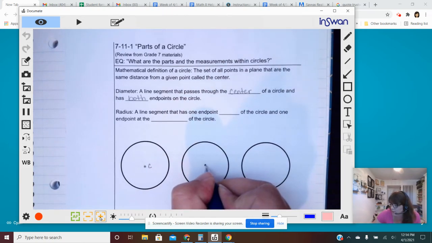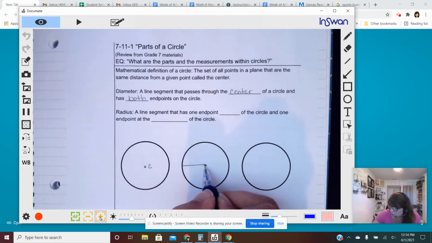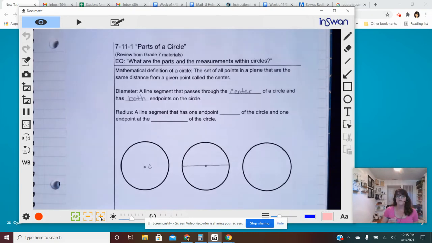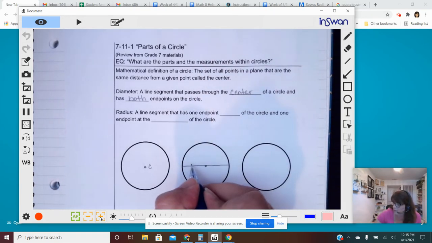So a diameter is going to touch the edge of the circle, go through the center into the edge. Okay, it's going to make it look like a full Pokeball. That is a diameter. Okay, and it is usually represented with a lowercase d.